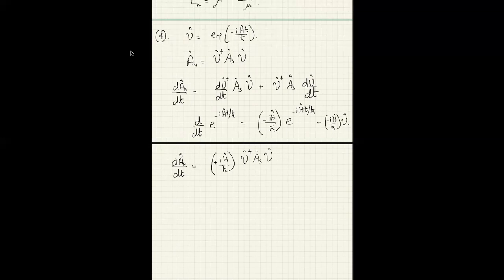The second term would be plus U dagger A_S, and d/dt of this would be minus iH over h bar. So remember that U times iH over h bar is the same as iH over h bar times U, because U is also a function of the Hamiltonian. The Hamiltonian commutes with itself.